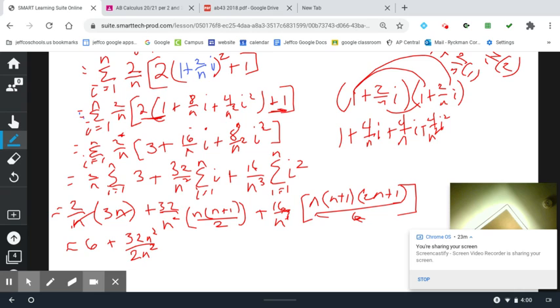And then the next one would be 16 times n times n times 2n, so 32n cubed over 6n cubed. So that when I take the limit by n behavior, I'd get 6 plus 16 plus 16 thirds.